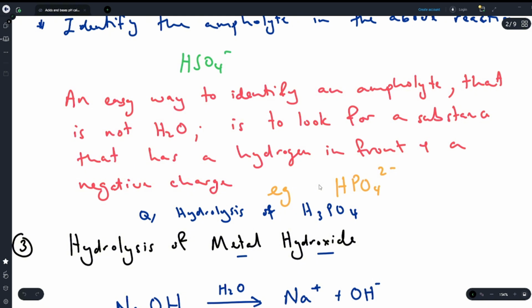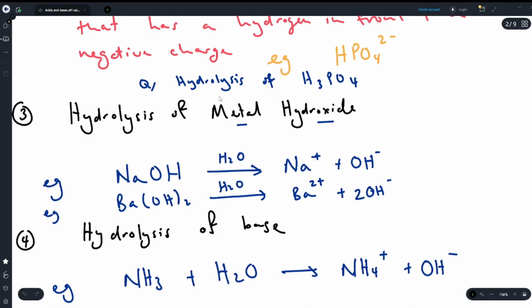That means it has the ability to donate a proton because it has a hydrogen present, and it has a negative charge, which means it can accept a proton. Because it's negative, it's easy for it to accept something that is positive. Right? So from here, you can always try the hydrolysis of a triprotic acid. You know it's going to follow these steps.